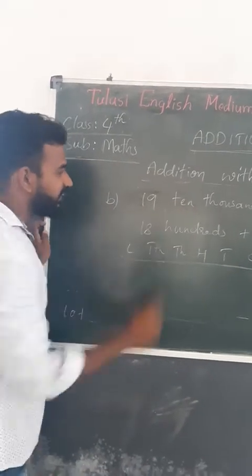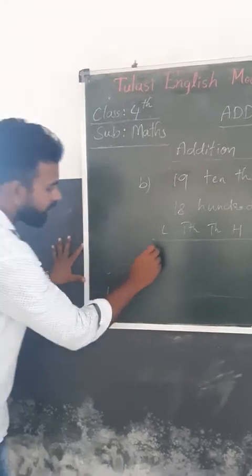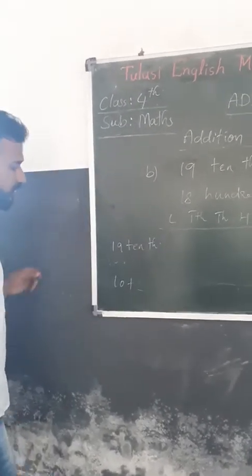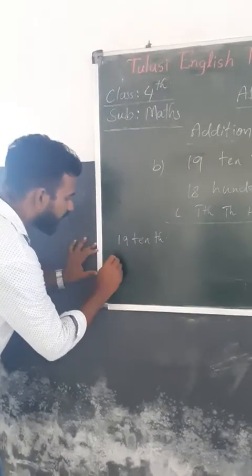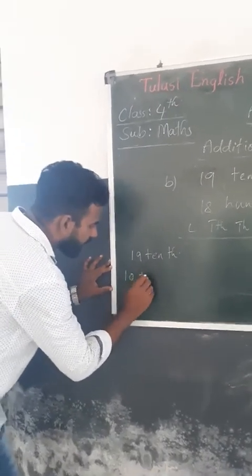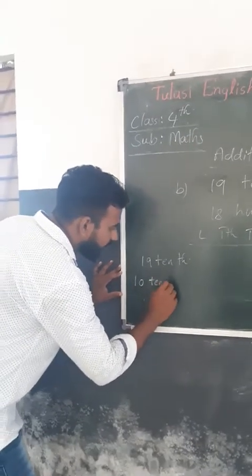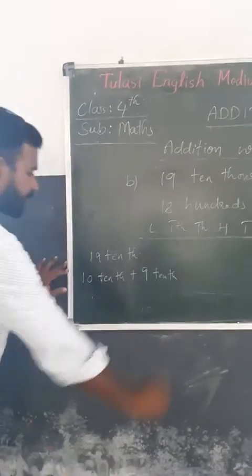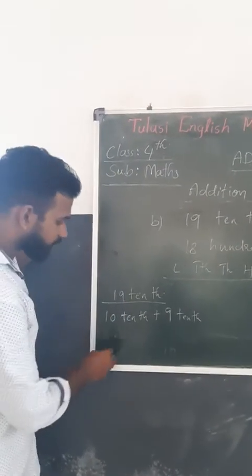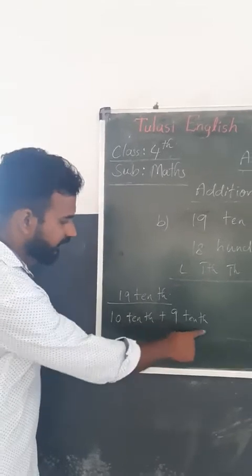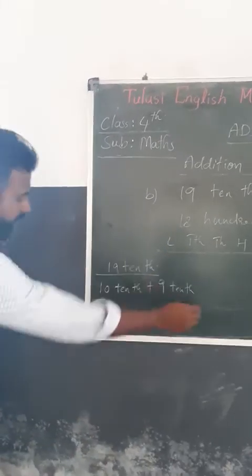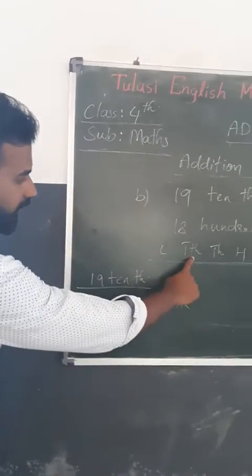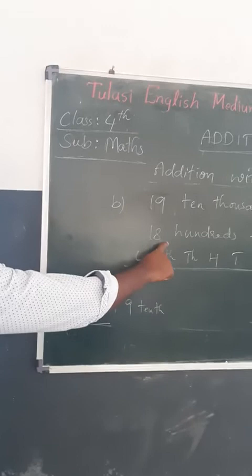So 19 ten thousands means 10 ten thousands plus 9 ten thousands. 10 ten thousands is equal to 1 lakh.